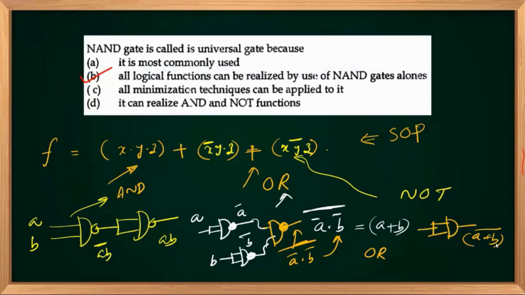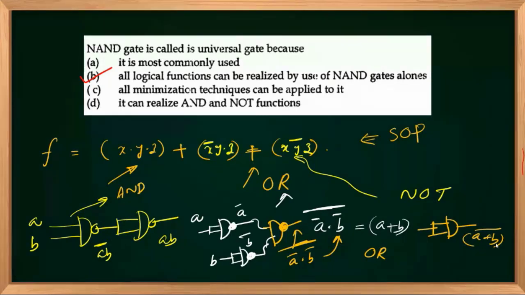So all Boolean functions can be implemented using NAND gates. So that's why NAND gates are called universal gates, right? And the statement was all Boolean functions can be implemented using which gate? NAND gate. Okay. What is the dual statement? If the initial statement is true, the dual statement is also true.